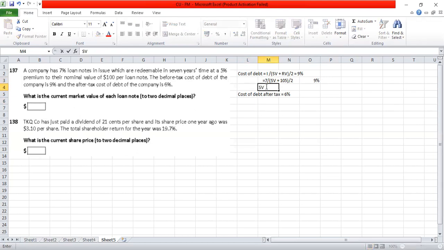SV is equal to sale value, which will be 7 to the 14, divided by 9%.